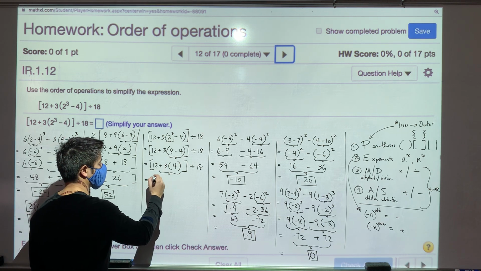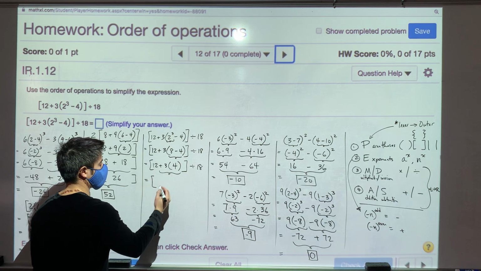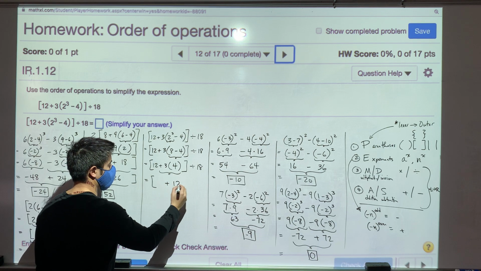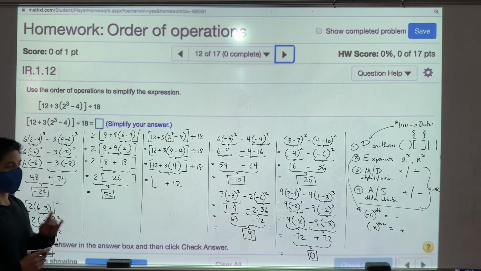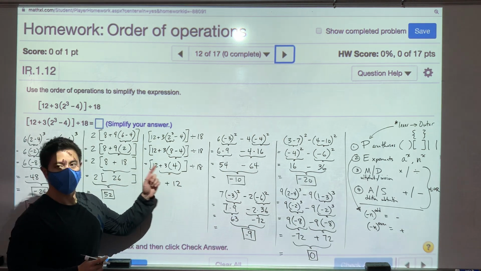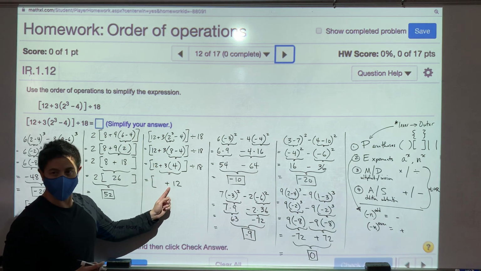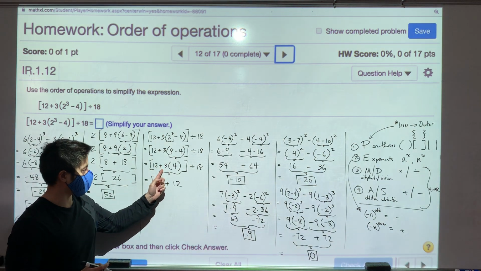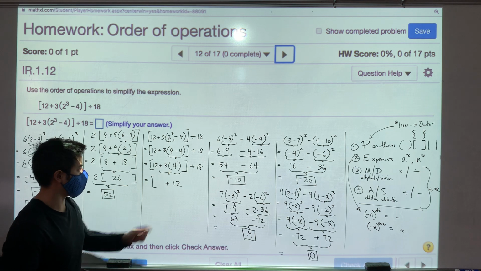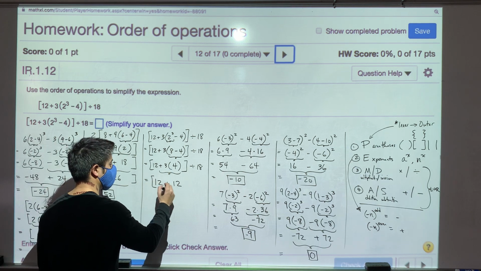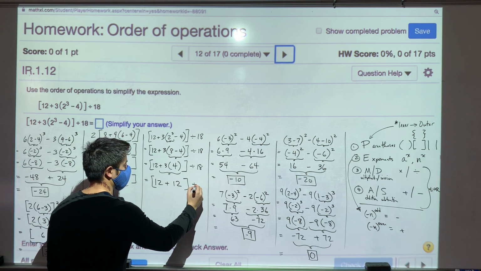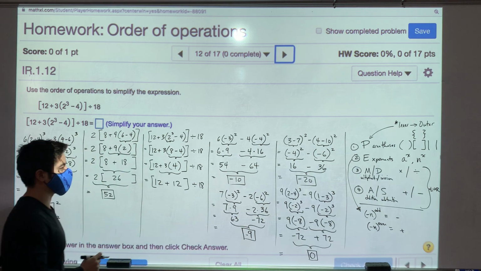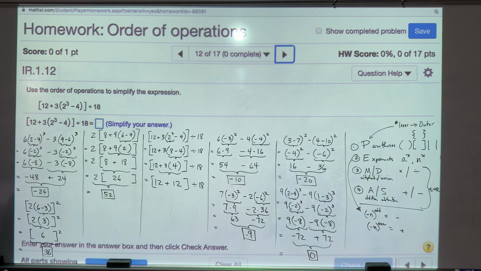Positive 3 times 4 is a positive 12. Again, I want to stress, write the sign down. Positive 3 times positive 4 is positive 12. Write it down. Easy to miss that.